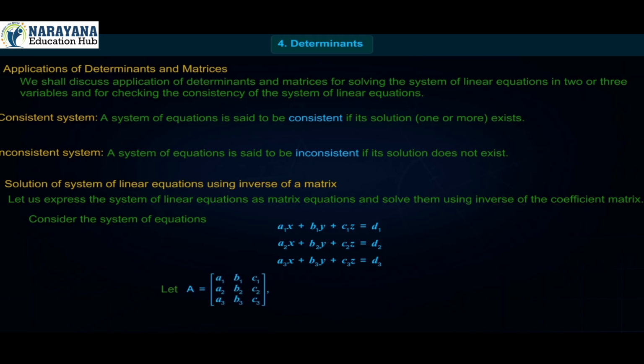Let A be the matrix [a1, b1, c1; a2, b2, c2; a3, b3, c3], X be the matrix [x, y, z], and B be the matrix [d1, d2, d3].